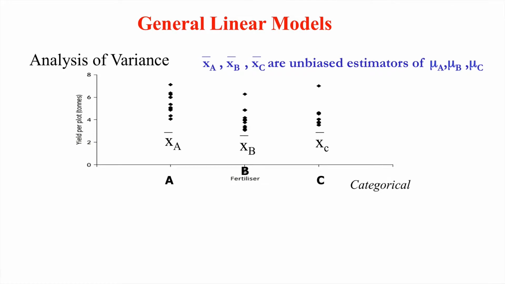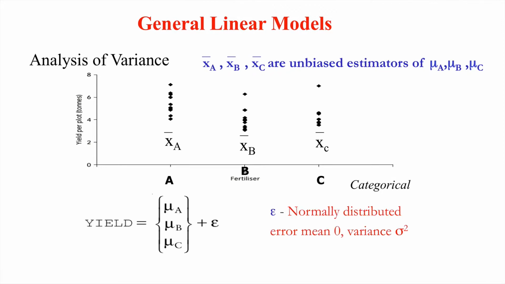It turns out, as you will have been told in that first part, that the sample means are of course unbiased estimators of those population means. What we're actually doing when we are conducting an analysis of variance is in effect fitting a model to our sample data. What does that model look like?